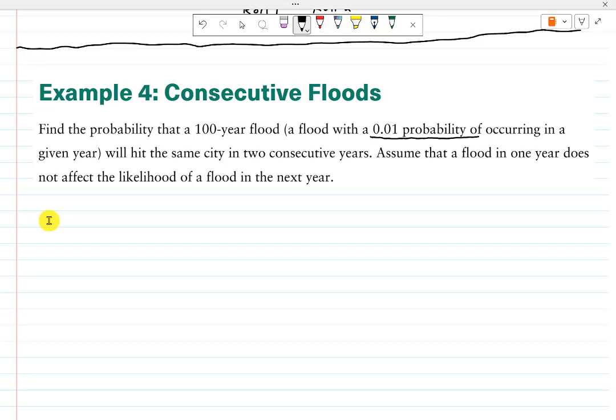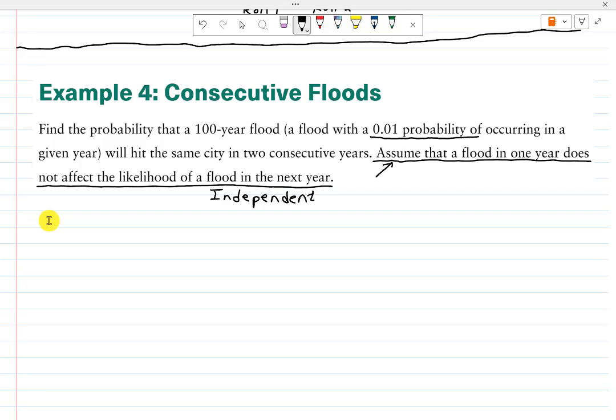Well, I need to know that the events are independent. 1 year to the next are independent, and that is exactly what they're doing here with this whole sentence. They're assuming that the flood in 1 year does not affect the likelihood of a flood in the next year. They are exactly telling us that these events are independent.